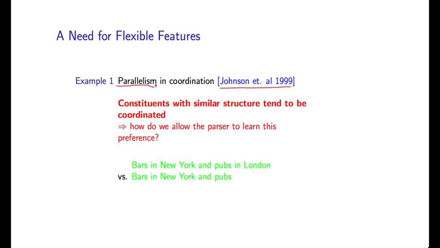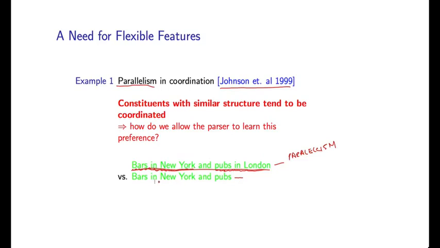And this is essentially the following. If I look at these two phrases, I have bars in New York and pubs in London. The second phrase, I have bars in New York and pubs. This one has an instance of parallelism, because bars in New York has a very similar structure, syntactically speaking, to pubs in London. So I have two things being coordinated here which have basically similar structures.